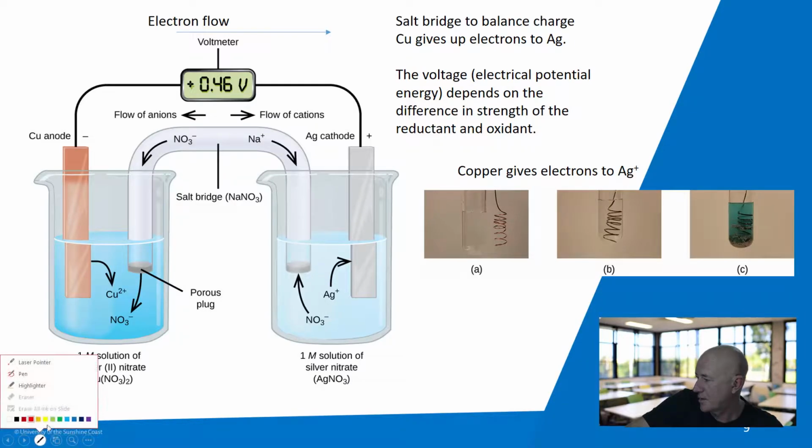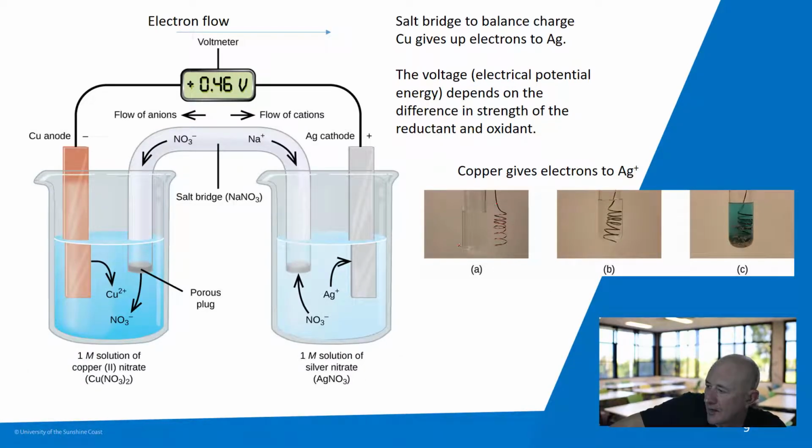So let me just get the pen. Okay, so in this solution here, what we've got is AgNO3, but of course that AgNO3 is silver nitrate in solution. In other words, it's aqueous.